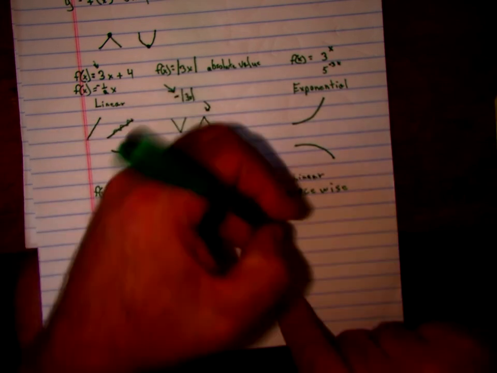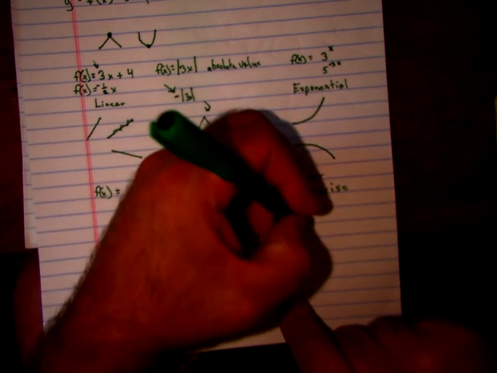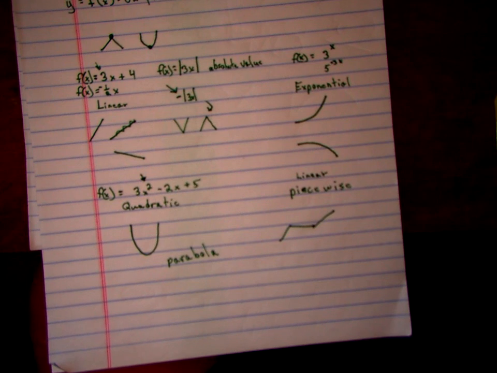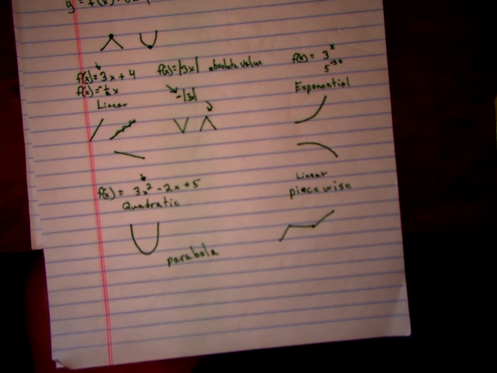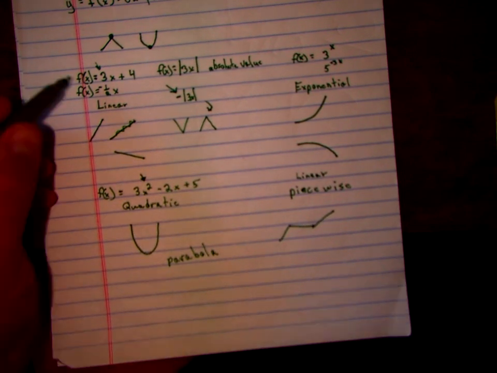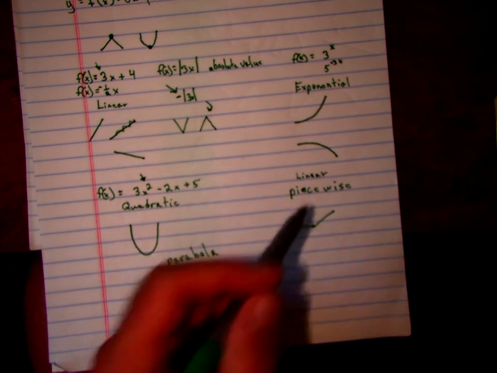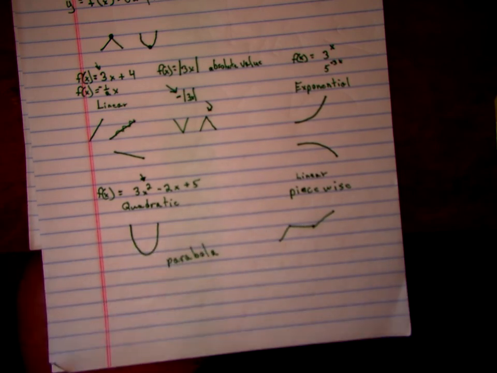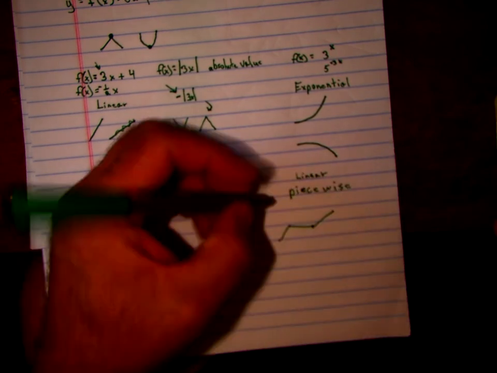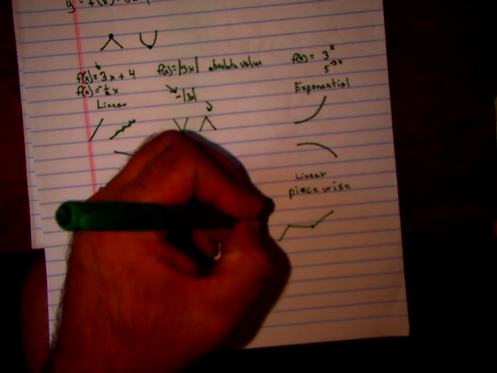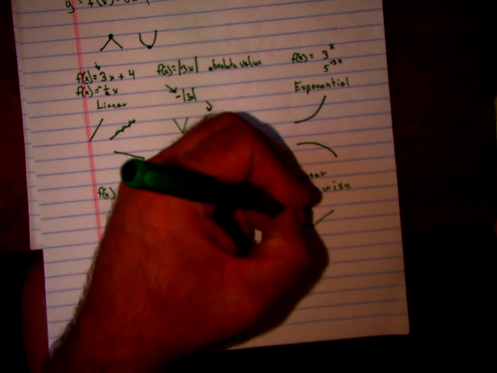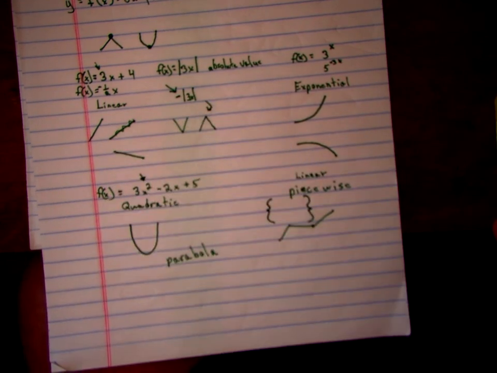And linear piecewise is the one graph that kind of looked like that all the time. Which means you won't just have one function, you'll have several functions. Why? Because you're having pieces of functions and you're putting them all together. So this one is usually very easy to pick because it'll have more than one function.